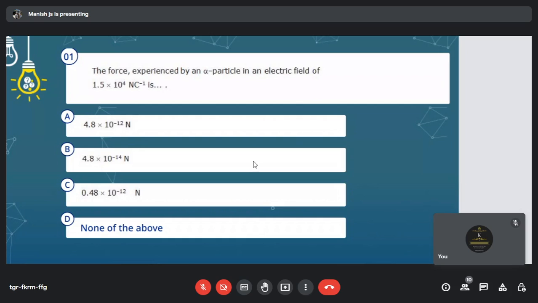Positively charged particles are alpha particles. You can take the charge of a proton for the alpha particle, 1.6 into 10 power minus 19 coulombs. Okay, so solve and tell me.